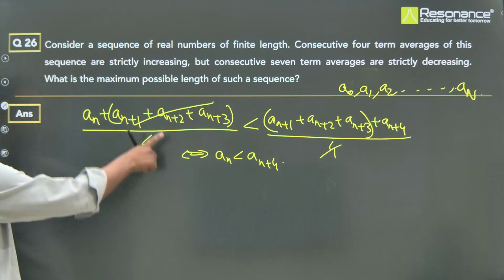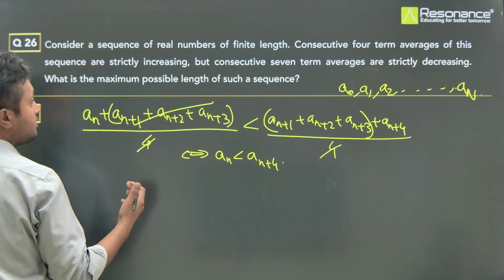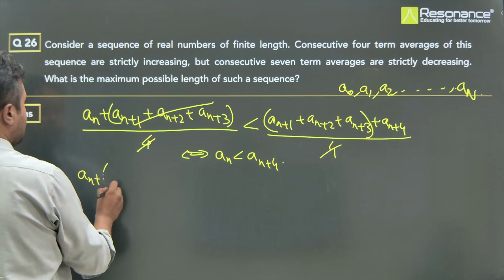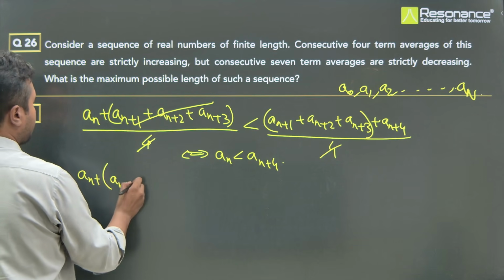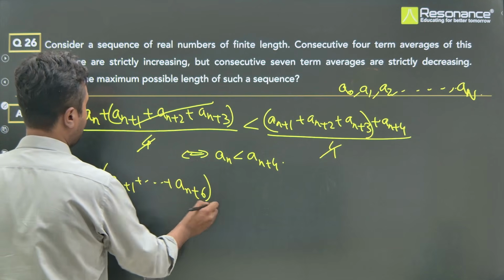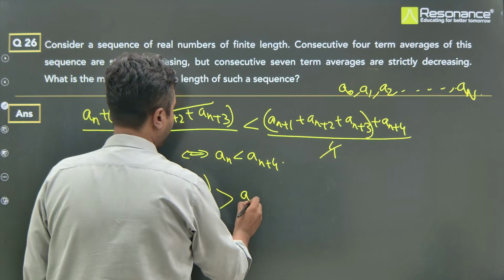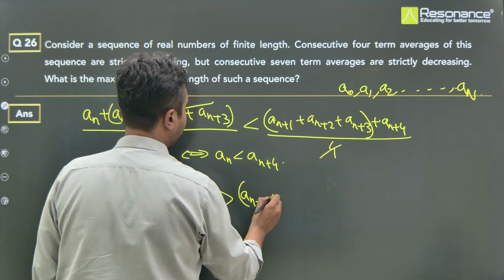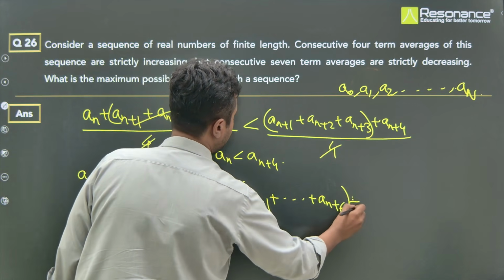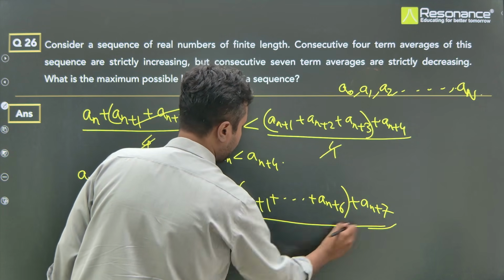And similarly, the other condition says 7-term averages must be strictly decreasing. So (a_{n+1} + ... + a_{n+6} + ...) divided by 7 must be greater than the similar expression starting from n+1 going all the way up to n+7, whole thing divided by 7.